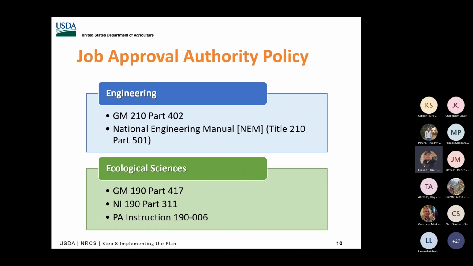So for all of those of you who are interested in becoming a policy rat and would like to read policy and become an expert on it, you can find engineering policy in the General Manual 210, Part 402, and there are also references to it in the National Engineering Manual. And ecological sciences is found in General Manual 190, Part 417.